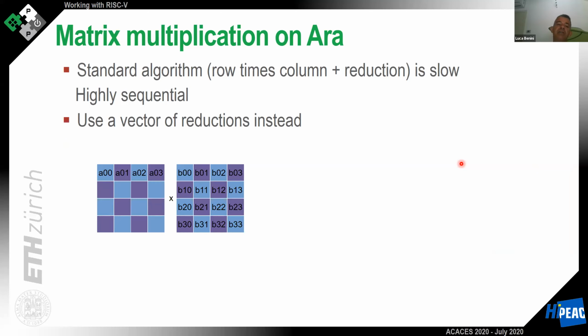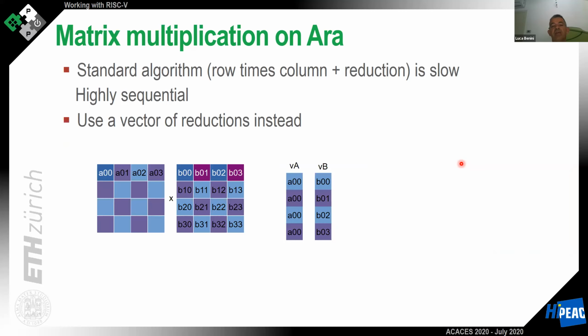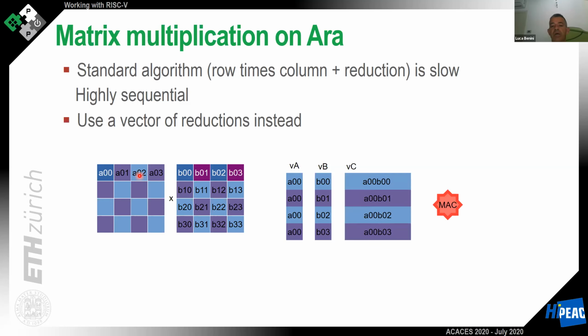And the idea is to use some sort of a set of reductions, so a set of accumulation variables for accumulating the partial sum of your column by column products. So, as shown here, this is your first row of the matrix, and you will compute the result by accumulating the partial results of the various columns that are multiplied by the elements of the row. So this is the way we are going to do it.